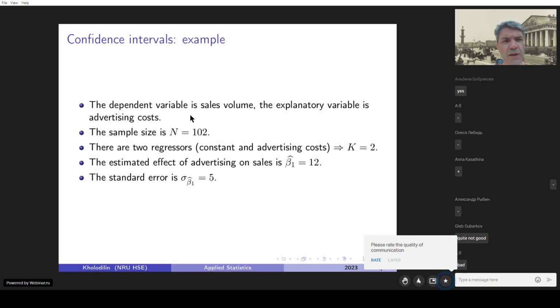Assume that we have some dependent variable, which is the volume of sales, and we have an explanatory variable, which is advertising costs. We spend some money on advertisements, and we expect that it will lead to some increase in the volume of sales of our product.